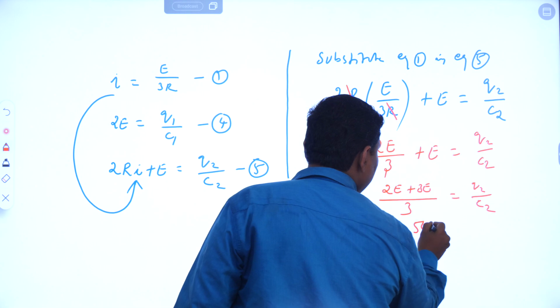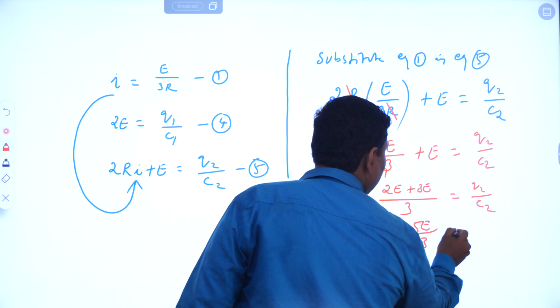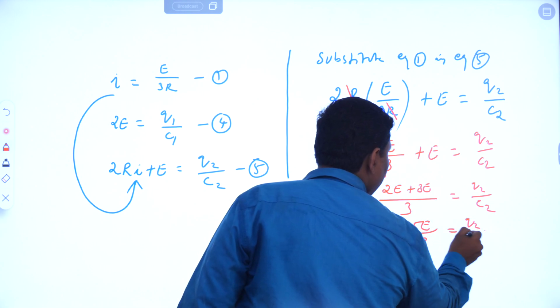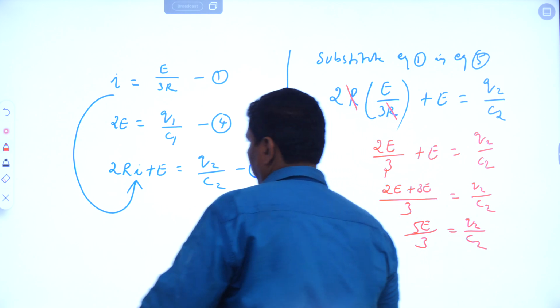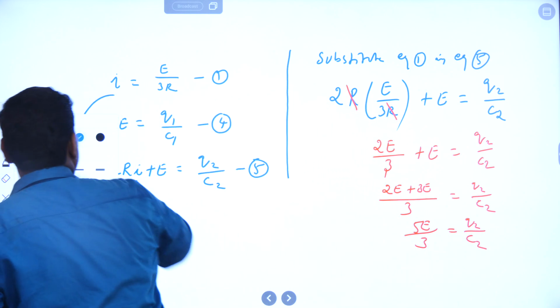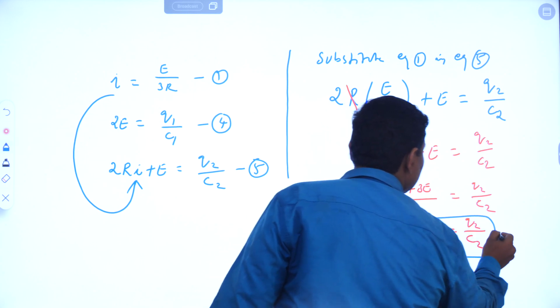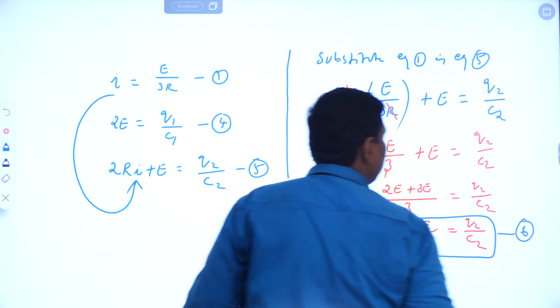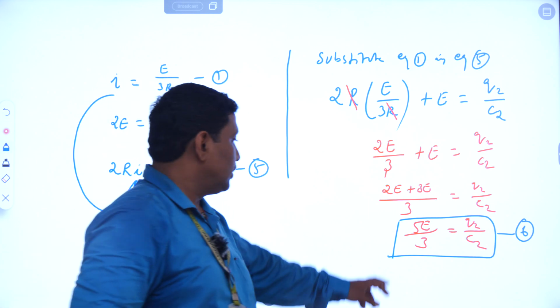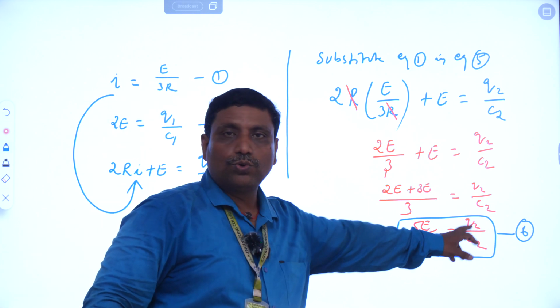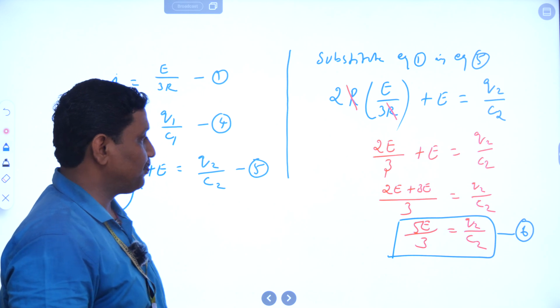So 5E divided by 3 equal to Q2 divided by C2. Okay, so this is equation number 6.